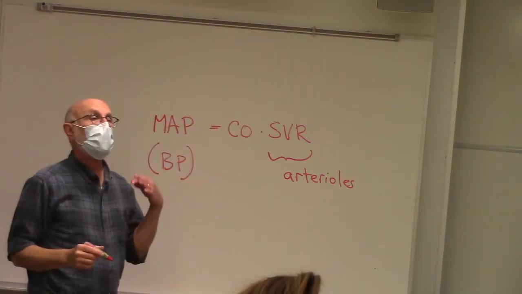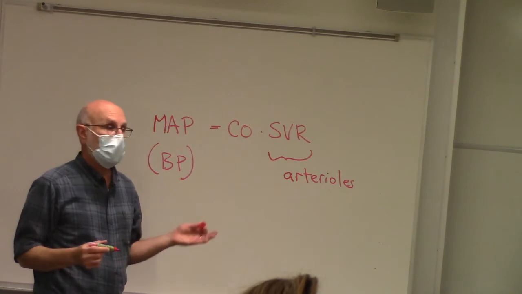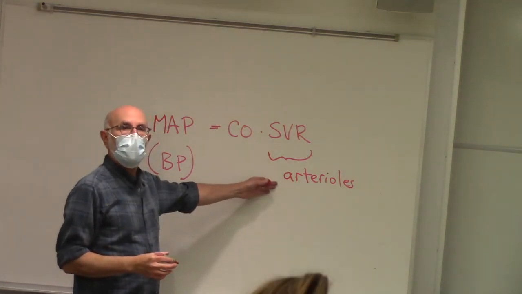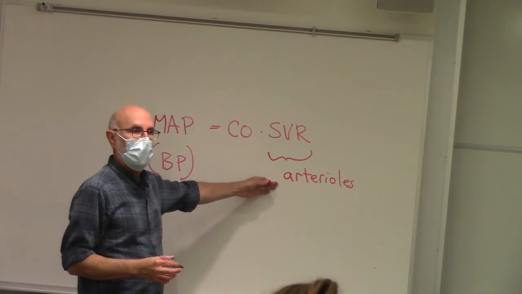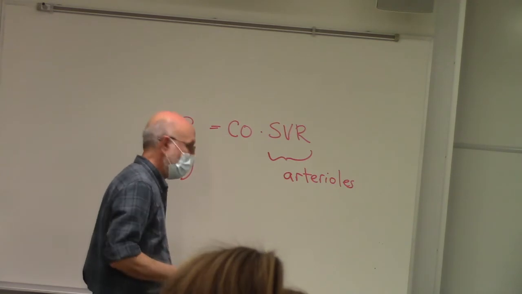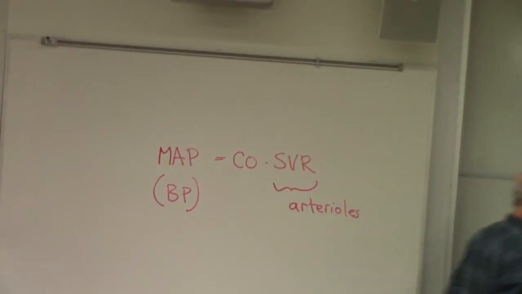The resistance of the arteries and the aorta are not as important as the resistance of the arterioles. That's where we control systemic vascular resistance. We're going to talk about that more after the breakout session.